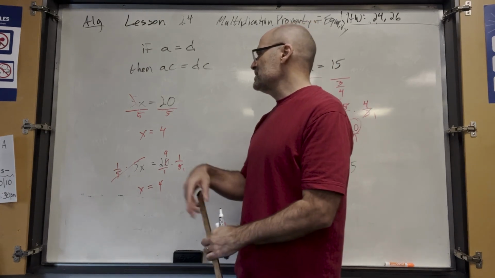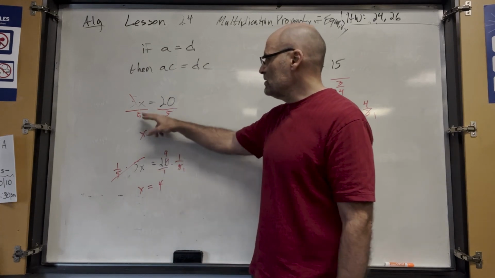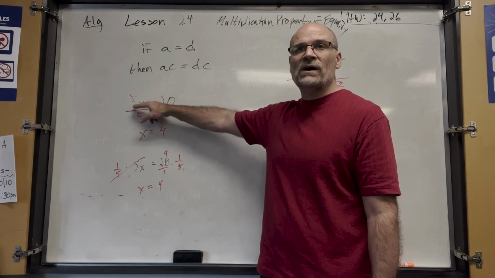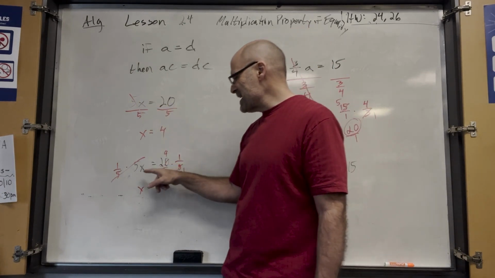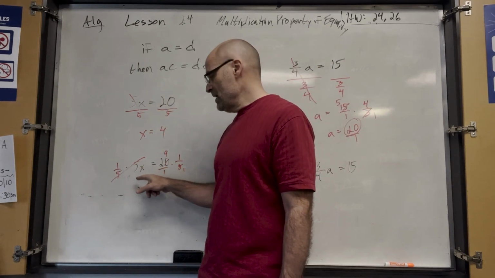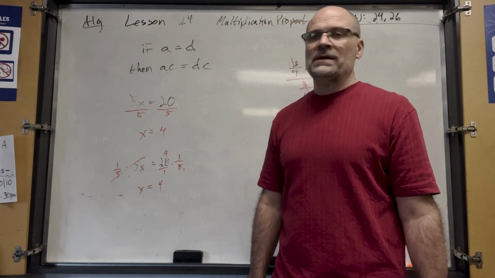So what's the opposite of 5 when it comes to multiplication? 1/5. So you can either do the opposite operation with that 5. If 5 is being multiplied, you divide by 5. Or you could do the same operation, multiplication, with 5's opposite, and that'll cancel them out too.